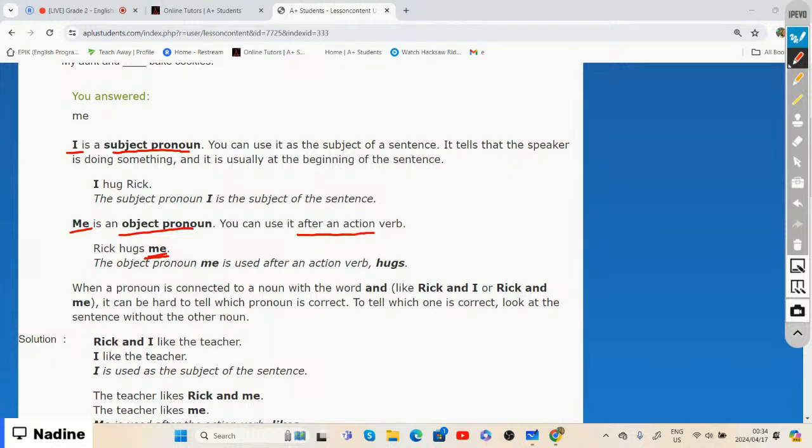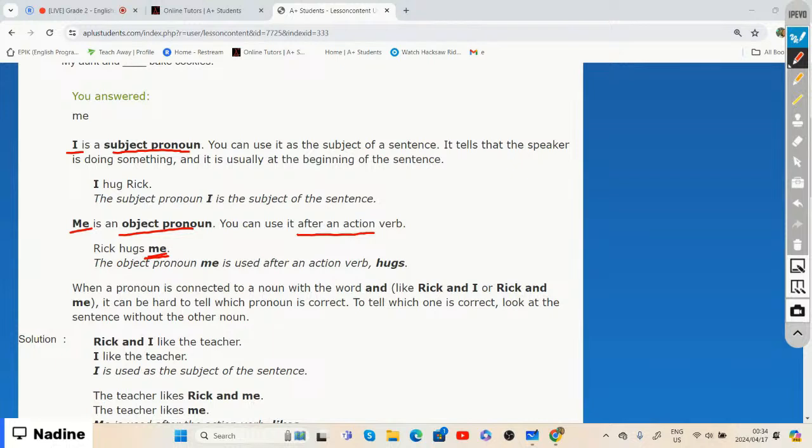Then we have words where we either say the person and I or the person and me, right? Now we can say when a pronoun is connected to a noun with the word and, for example, Rick and I, Rick and me, then it can be hard to tell which pronoun is correct, right?